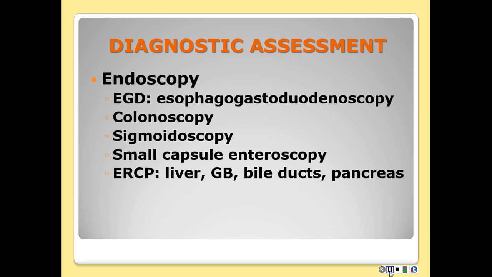To look at upper GI issues, we do EGDs, which is an esophago-gastro-duodenoscopy, looking at mouth, esophagus, all the way down to the duodenum. It is a mouthful. That's why we say EGD. Colonoscopy, of course, is looking at the entire large intestine. Sigmoidoscopy is just looking at the sigmoid colon.